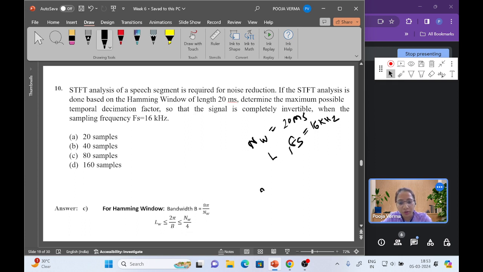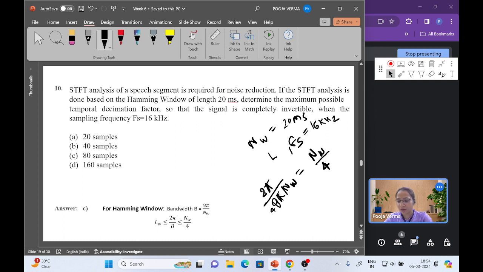If we put in that bandwidth value, 8 pi divided by NW, pi will be cancelled, so we will get NW divided by 4.